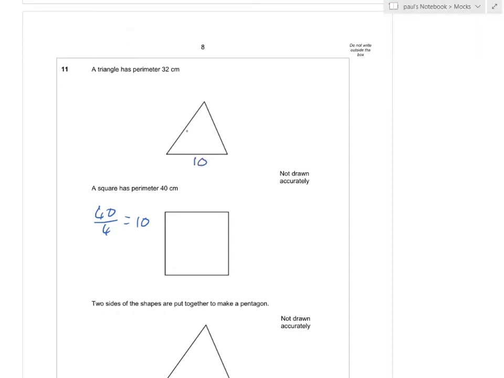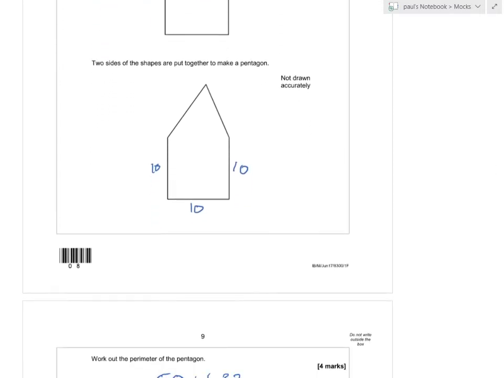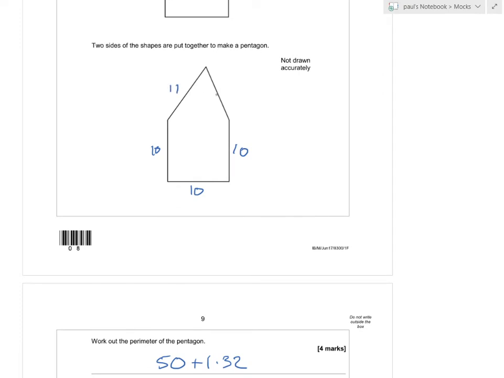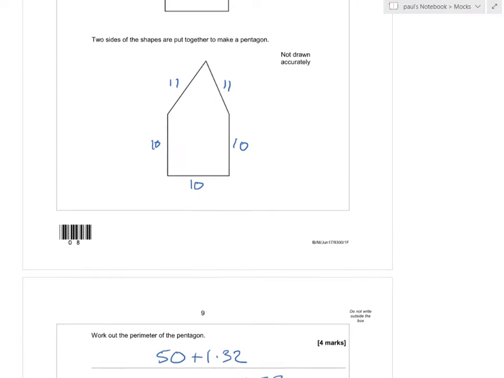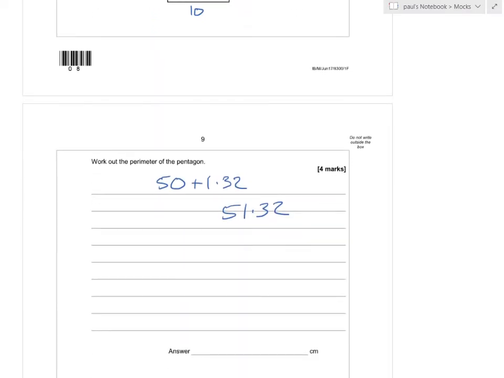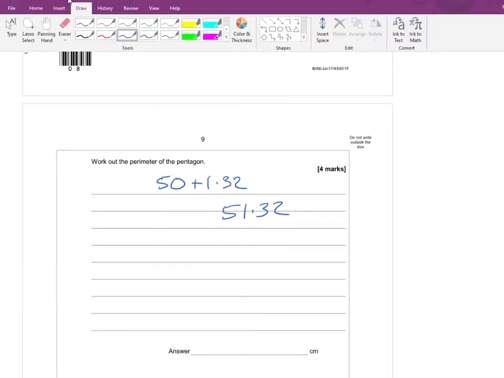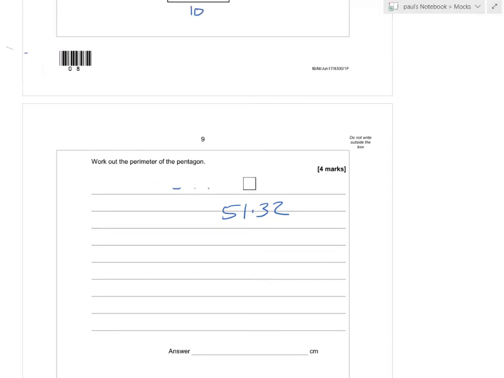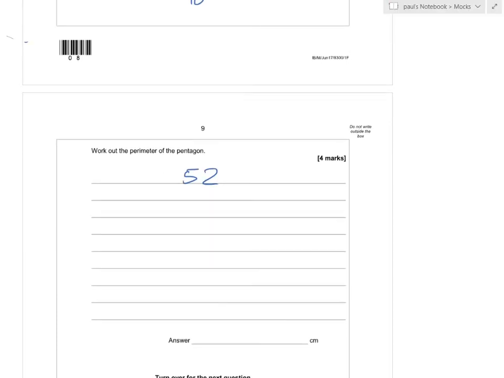And so now these two: if I do 32 take away 10, which equals 22, so these bits are 11 each. Ah, so now we've got an 11 and an 11, which is 30, 40, 52. 52. Okay.